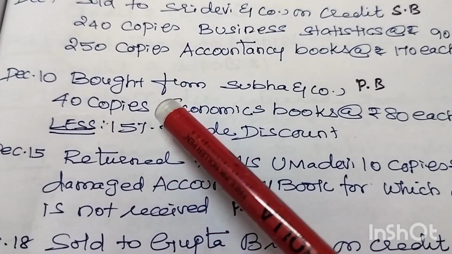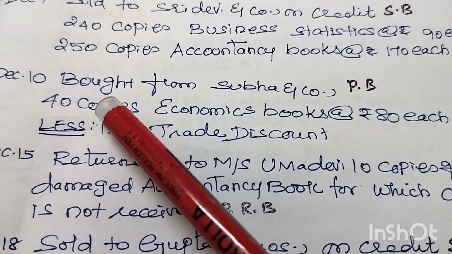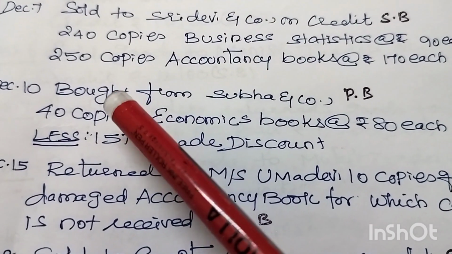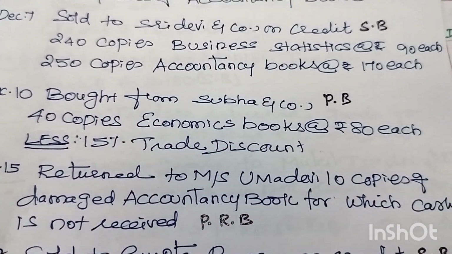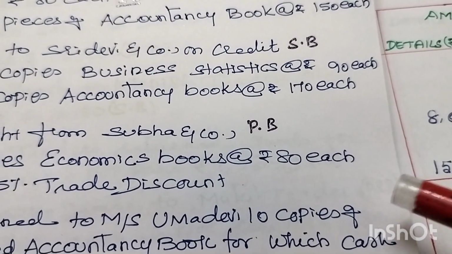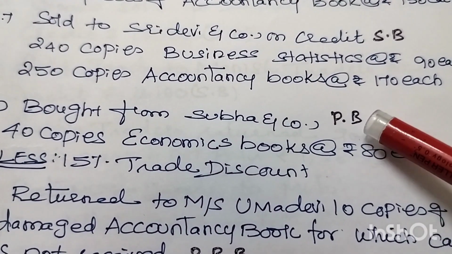So you are going to enter this transaction into the purchases book. So you can write PB on this transaction. PB means purchases book.